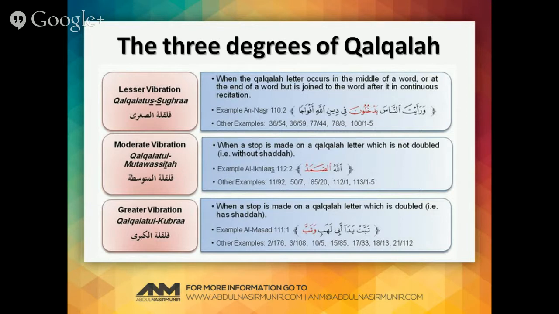Then the second one, the moderate vibration, qalqalatul mutawassita. Here, the qalqala letter is the last letter of the word where we are stopping. For example, in Suratul Ikhlas, Allahu Swamad. Here we are stopping. While we are stopping, either there's a sukoon or we have to put a sukoon. What do I mean by that? When we stop and there's a vowel, we take the vowel away.